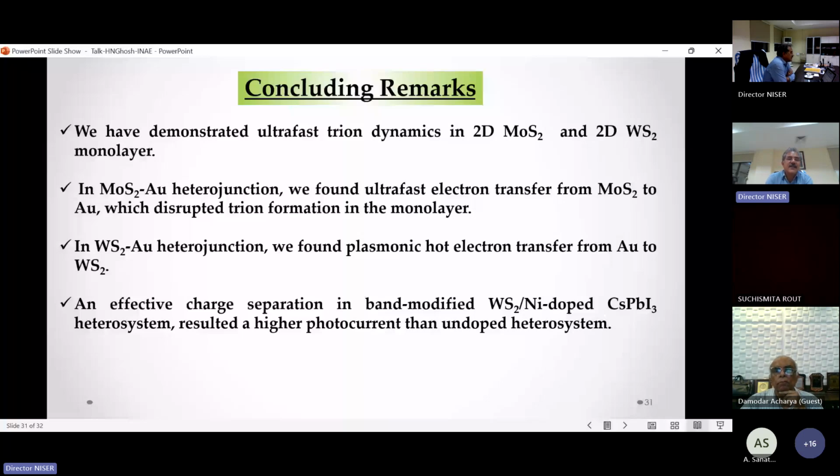On the other hand, if you want to confirm that the trion truly exists, see, in this earlier case, gold is a very small particle, and the concentration of the gold is very low.